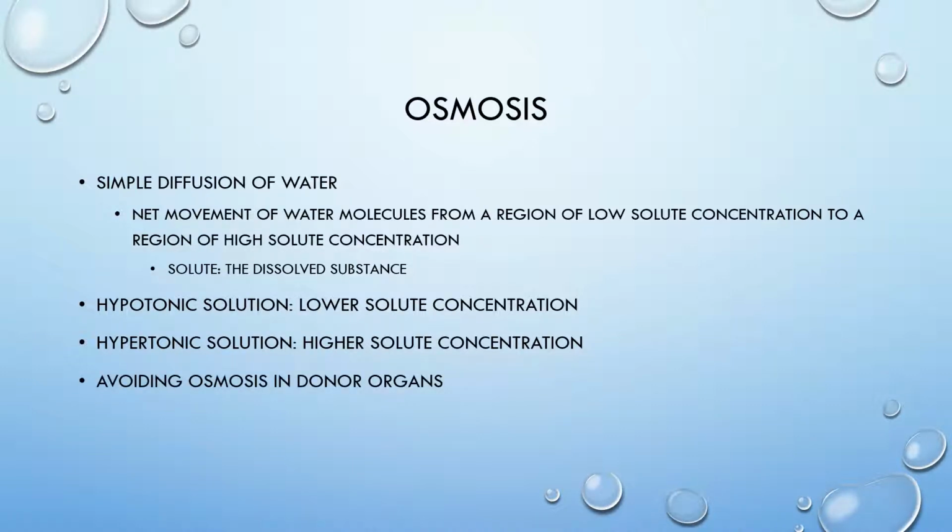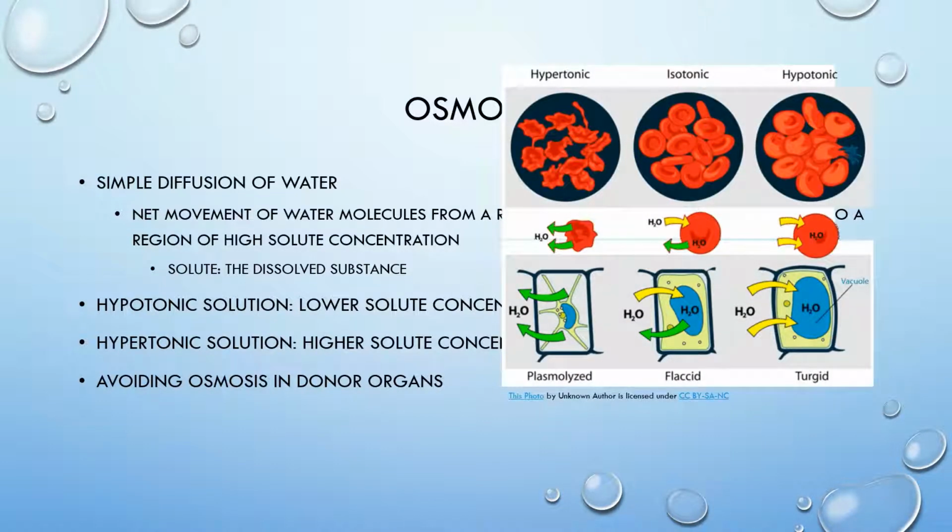Now, controlling osmosis in donor organs is crucial to organ transplants. So, let's say an organ is placed in a hypertonic solution. Since water moves from a region of low solute concentration to high solute concentration, organs placed in a hypertonic solution will lose too much water and therefore shrivel up.